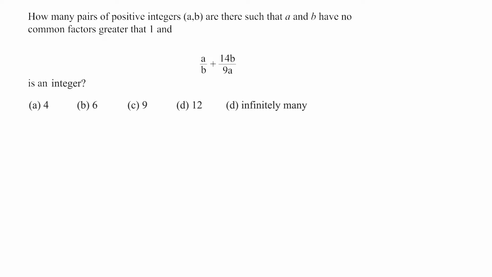How many pairs of positive integers a, b are there such that a and b have no common factors greater than 1, and a over b plus 14b over 9a is an integer? The first thing I would like to do is let a over b equal x, and that will help us solve this problem.